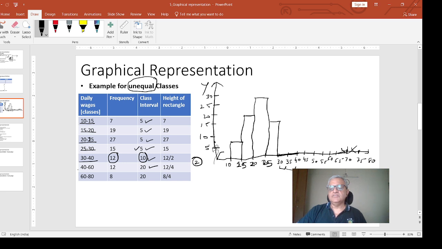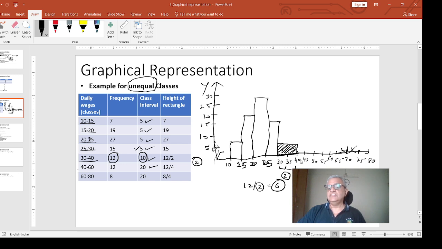I divide the frequency 12 by 2 and get 6, so my height will be 6. I will draw my rectangle like this. My rectangle has increased horizontally because I have two intervals, but I have decreased it vertically in equal proportion, by dividing by 2.